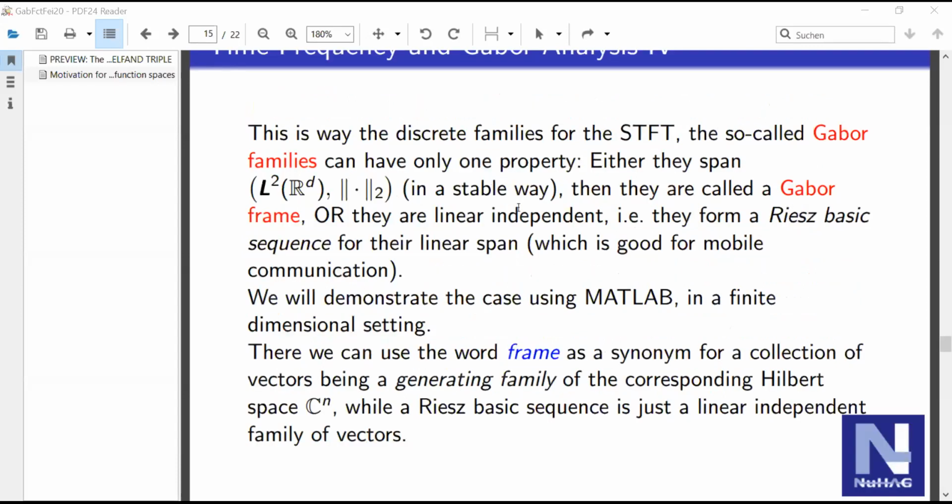Sorry for this abstract introduction, but the elements that we need for time frequency analysis are called Gabor families, and we have to decide whether we want to represent functions, then we are talking about a Gabor frame, or we are trying to communicate. Mobile communication is using Riesz basic sequences.